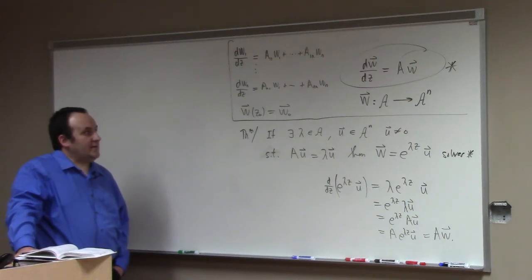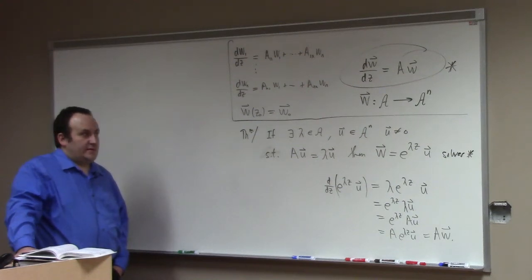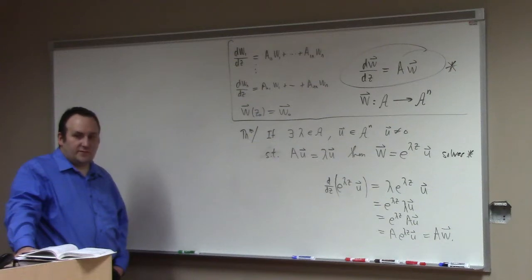I'm assuming that a11, a12, all the way out through ann are constants for the sake of our discussion. That's our starting point, and that would fall under the purview of the existence and uniqueness theorem that I proved. You can prove that there exists a unique solution to this system.